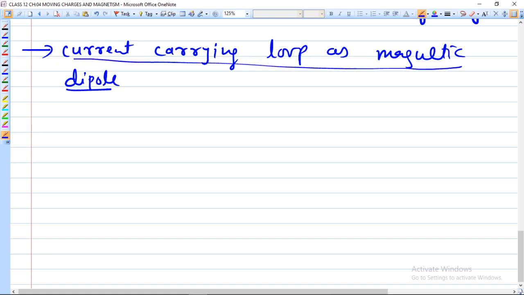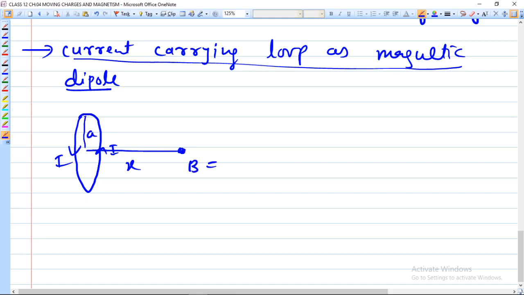We will get some interesting analogous results. This is a current carrying loop carrying current I, as we discussed at the start of this chapter. This distance is x and the radius is a.